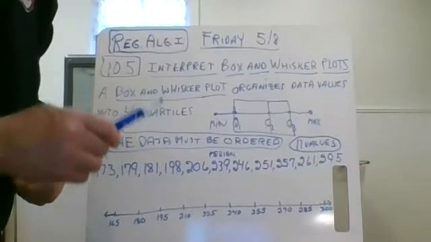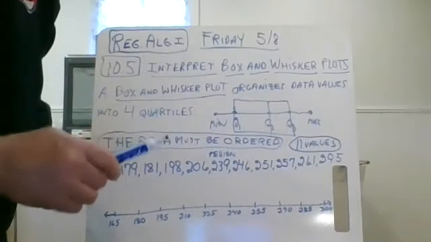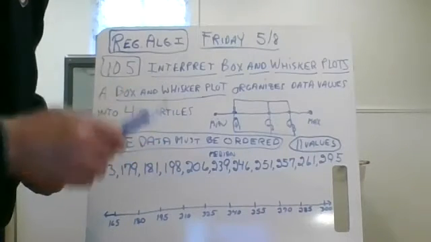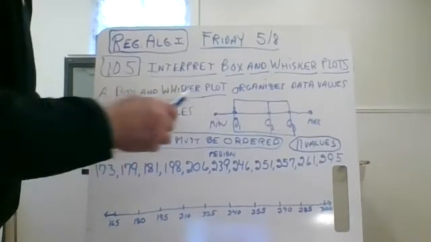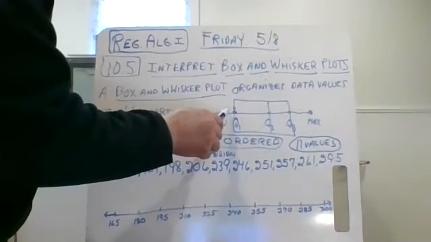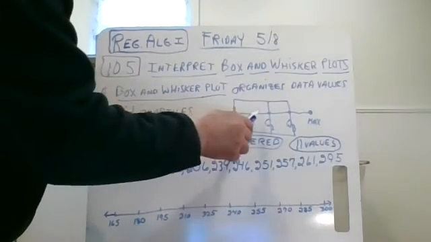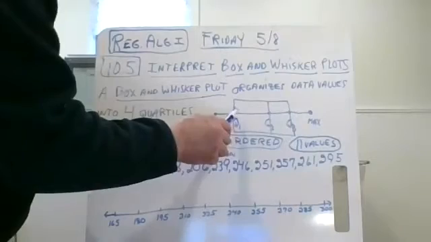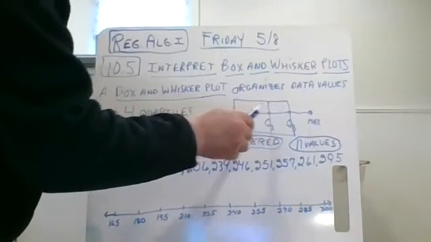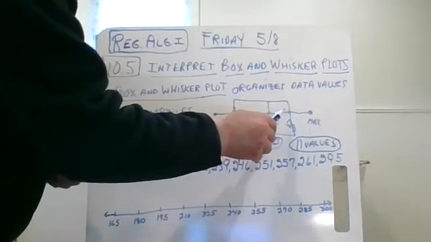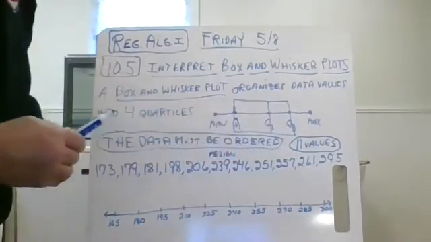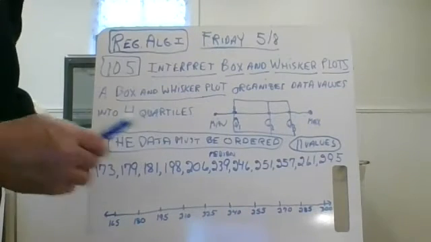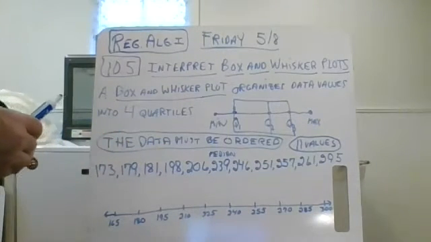They each contain 25% of the values. So 25% of the values lie here, 25% lies here, here, and here. In the big box here, 50% of the data lies in the big box, so on and so forth.